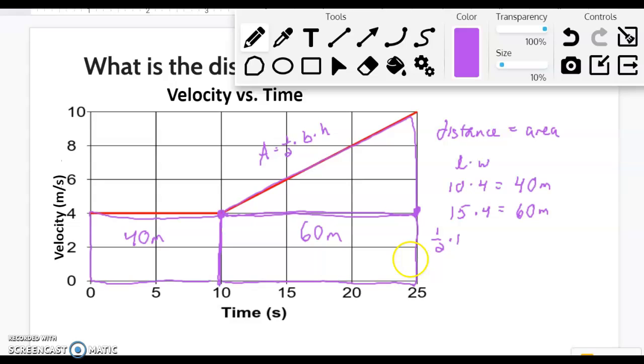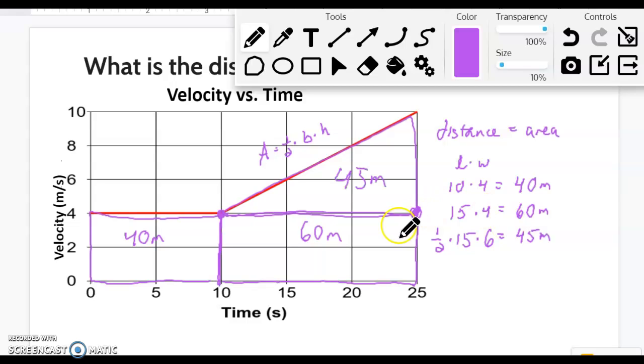So it's still 15, like the one above, or this rectangle, times the height. The height also, it is not 10 because it doesn't start until it was at 4. So it goes from 4 to 10. Our height is 6. If I multiply that together, we get 45 meters.